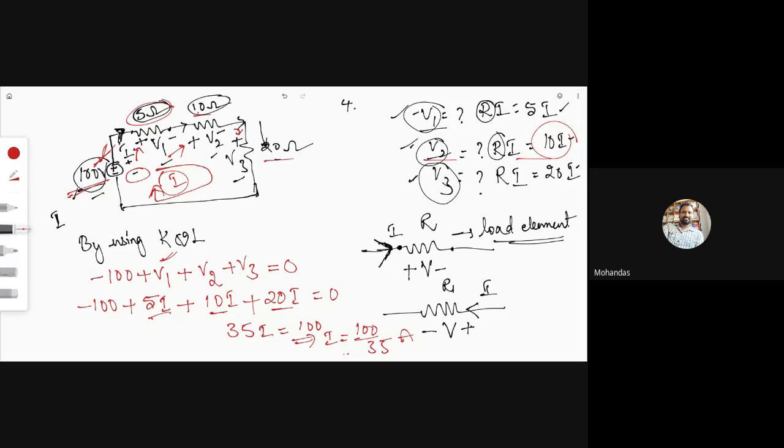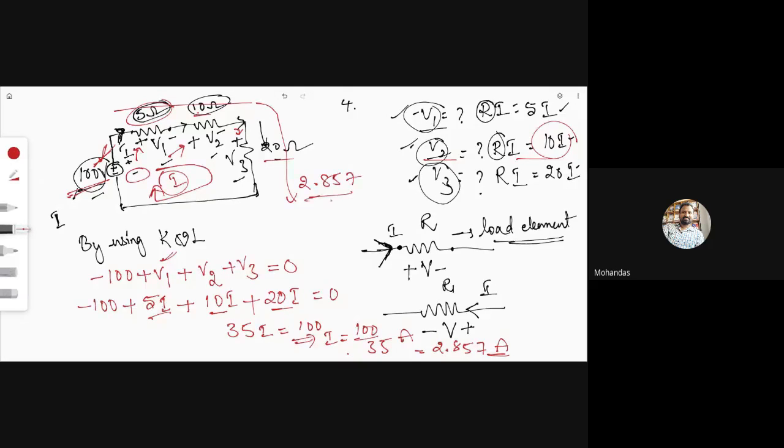Once you get the I value, what is the approximate value? 100 by 35 is approximately 2.857 amperes. This is the current flowing in this circuit.